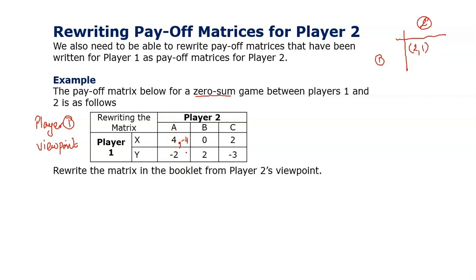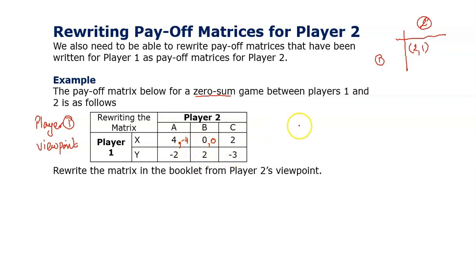It doesn't say 4, minus 4, but it means 4, minus 4. You need to know what happens to 1, because it's a zero-sum game. If player 1 wins 4, player 2 loses 4. That must be. This one presumably is 0, 0. Etc., etc. So the numbers have to be changed.